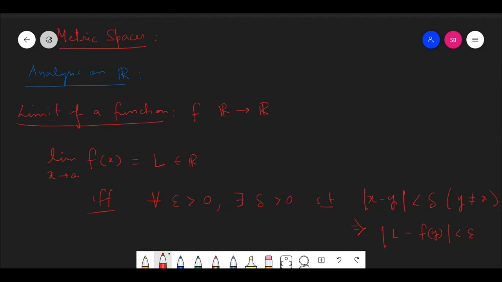Okay. So also we can define it using the limit of a sequence. So this is another equivalent definition.